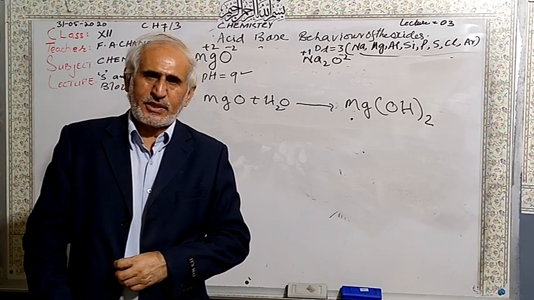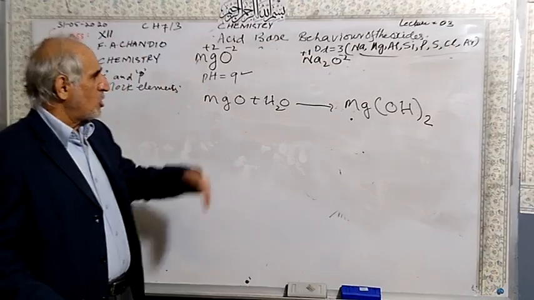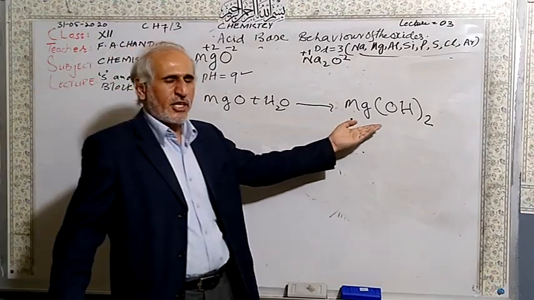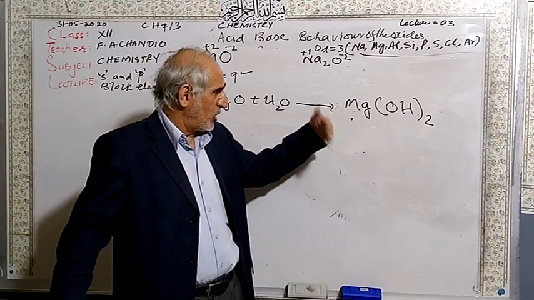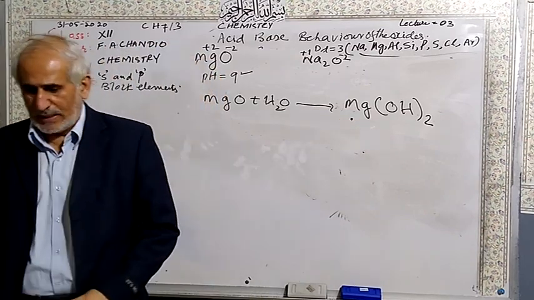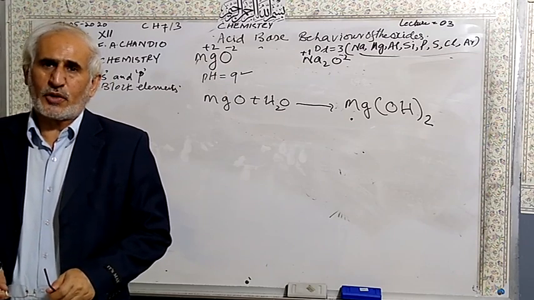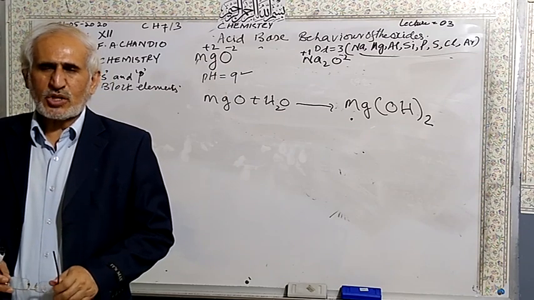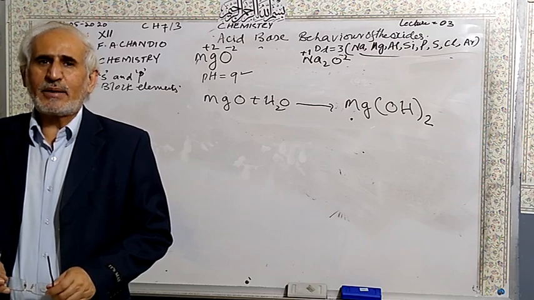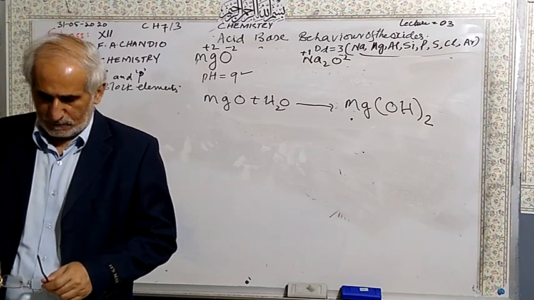If there is acidity in the stomach, you can use a suspension of magnesium hydroxide, so it is neutralized in the stomach. Magnesium hydroxide is going to be formed, but it's not much more soluble in water because magnesium oxide is less basic than sodium oxide.